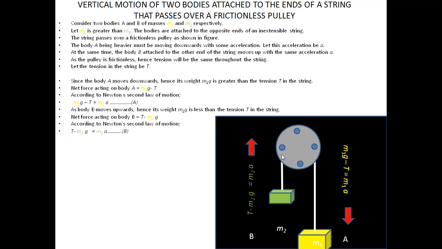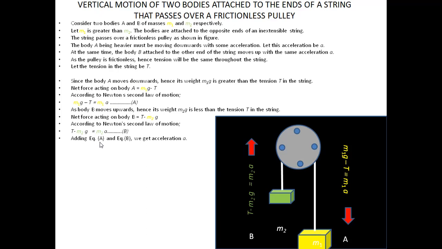So the force is in the upward direction in the case of m2, whereas the force is directed downwards in the case of m1. Now how can we relate these two equations to find the acceleration with which they are moving?